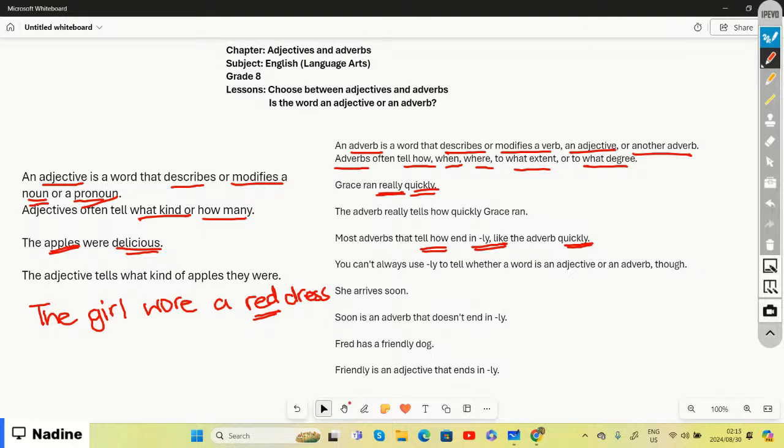And then also Fred has a friendly dog. And as you can see, friendly dog basically describes the dog because it tells us what kind of dog, which means that that is an adjective, not an adverb.